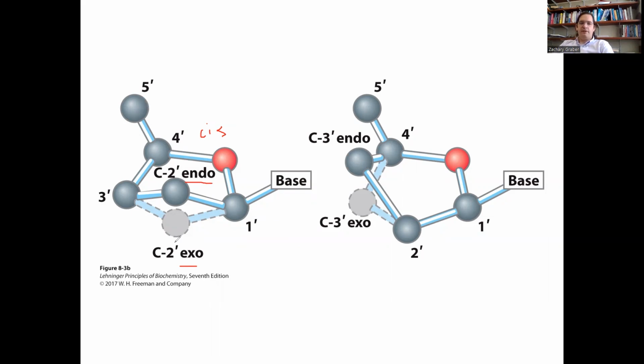Or we have this exo position where we're trans with respect to those other groups attached onto our ring. So it's going to be bending down, whereas our base and our terminal carbon are both pointing up. Both our 2nd and our 3rd carbon can be puckered into this exo or endo conformation. So we have a little bit of flexibility there between both of those groups to move around into different conformations.